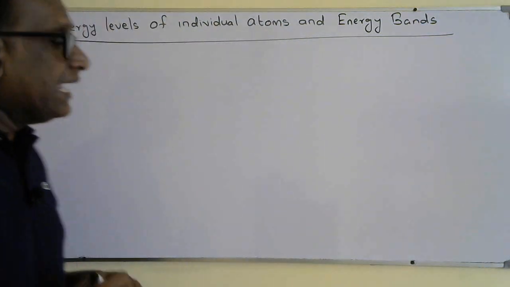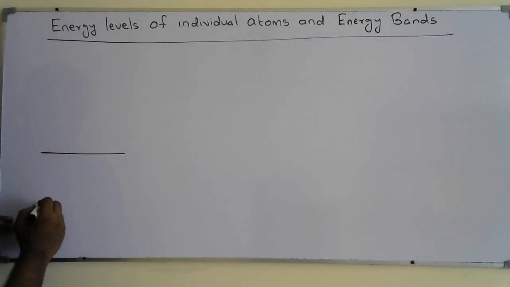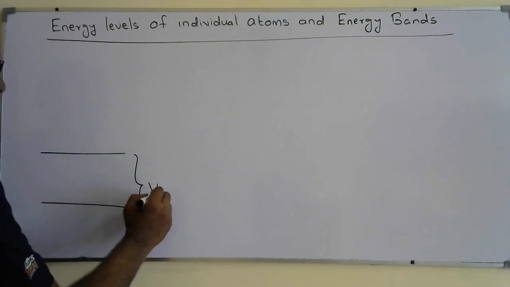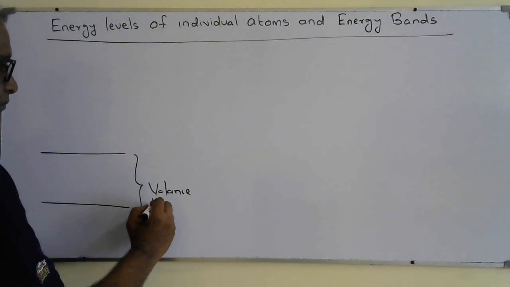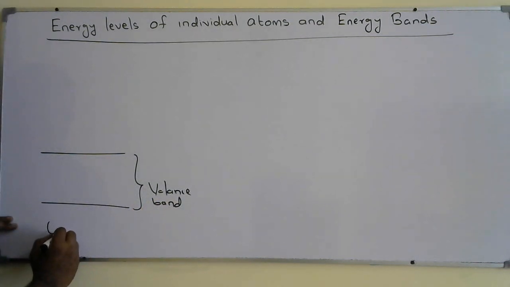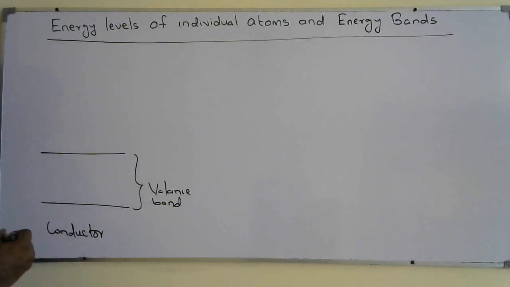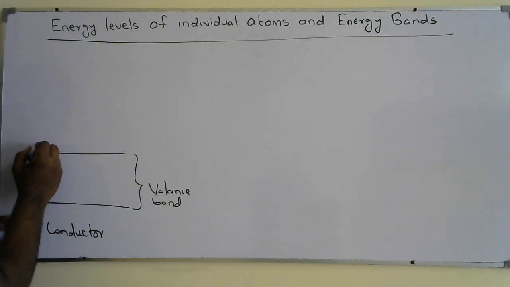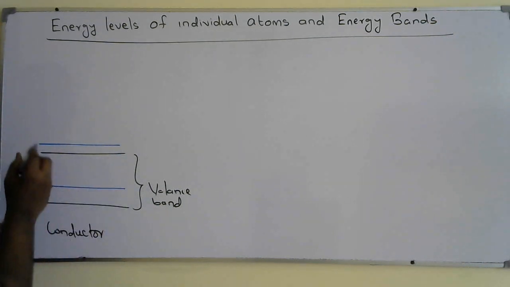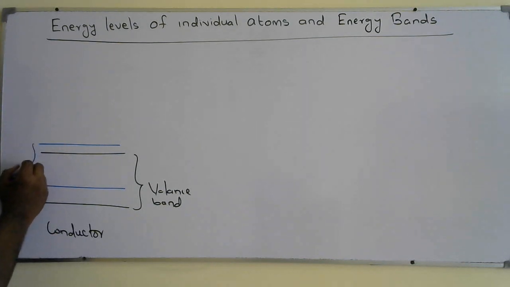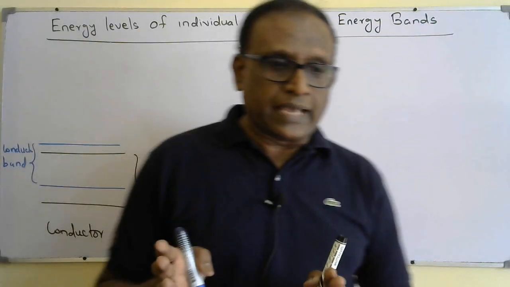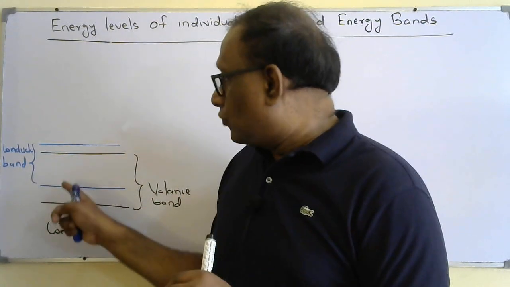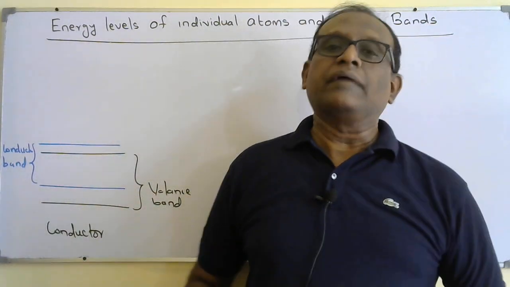So in conductors, this is the valence band, and the conduction band will partially overlap or almost closely overlap. This is the conduction band, in blue color. So in metals, the valence band and conduction band partially overlap or almost overlap with each other.